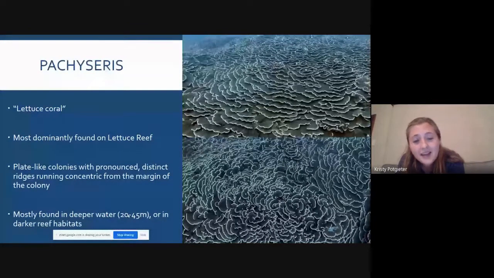These beautiful plate-like colonies have these white edges, and it makes for some really beautiful patterns as you descend onto the reef. It is a deeper reef species, so they only like being in deeper waters, or maybe darker reef habitats. But yeah, it's a really impressive reef to visit. So if you haven't been to Lettuce yet, I do recommend it. It is definitely very, very beautiful.